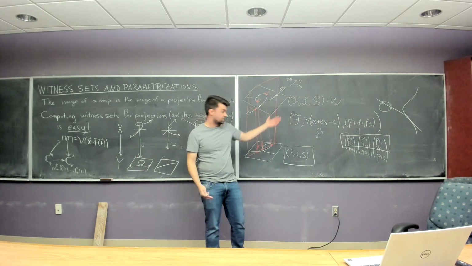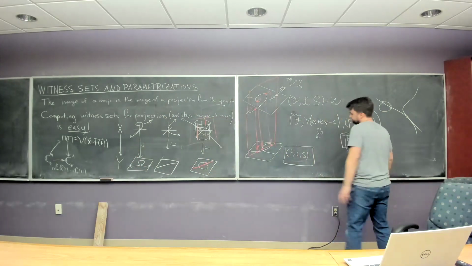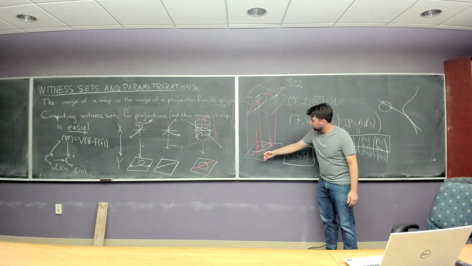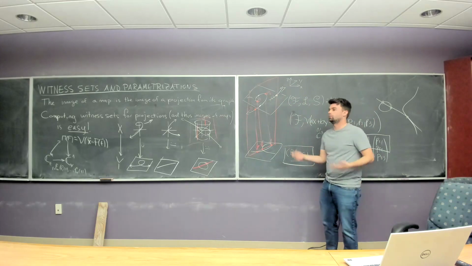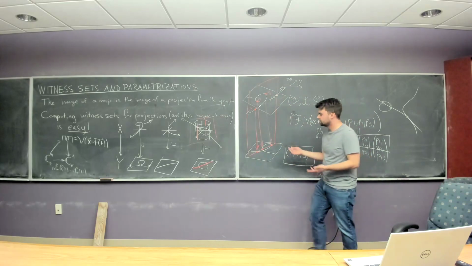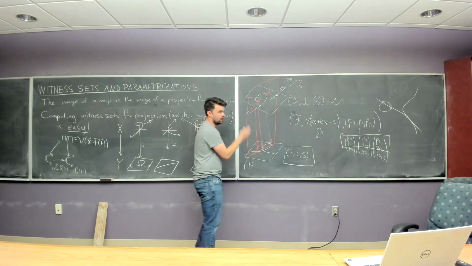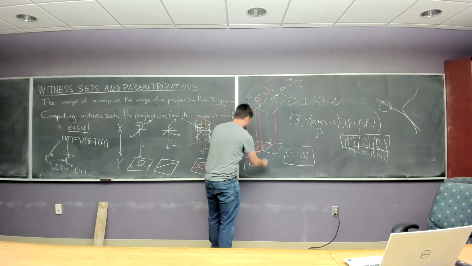Okay, and so for that reason, you know, the data type that encodes a witness set for the image here is called a pseudo witness set. And you can think about, okay, well, what exactly is the data I need to give this a definition? That's like, okay, I need something that cuts out the pre-image correctly.